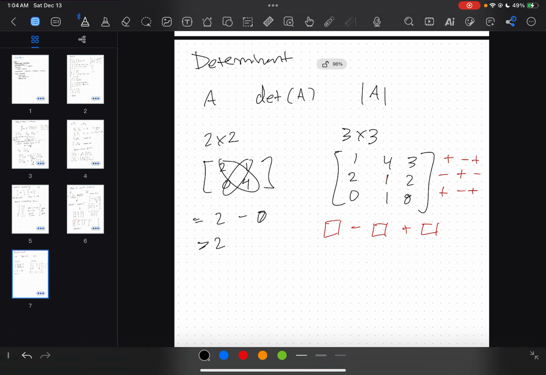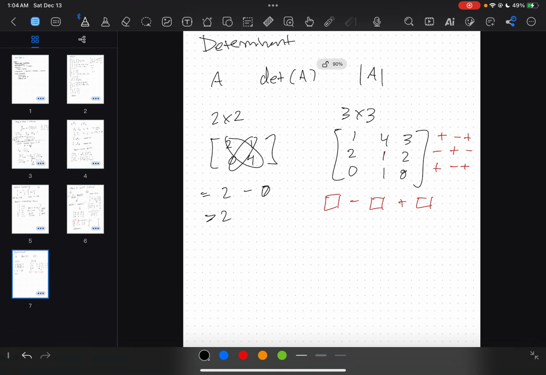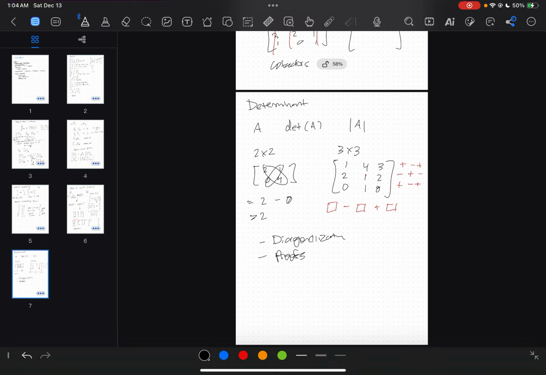But yeah, this is the determinant, and it helps a lot with different stuff, especially diagonalization. A lot of proofs rely on determinants. It basically shows how much change has been made in a vector space with a transformation or something.